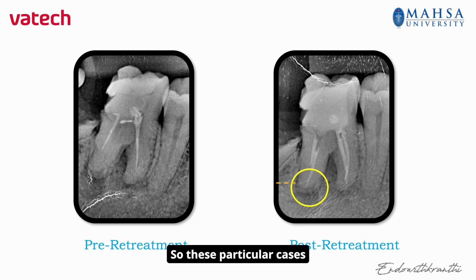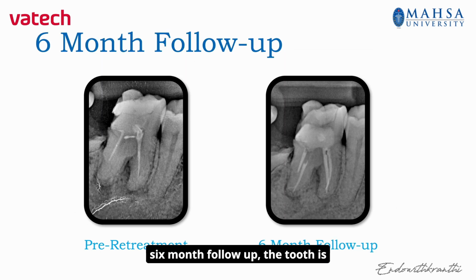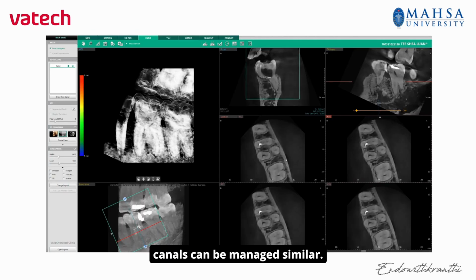So these particular cases which have got poor prognosis, you want to make sure you fill the maximum possible. And within 6 months follow up, the lesion has come down drastically. Now the patient has, I think, gone for a crown already. I don't have that photo. So calcified canals can be managed.